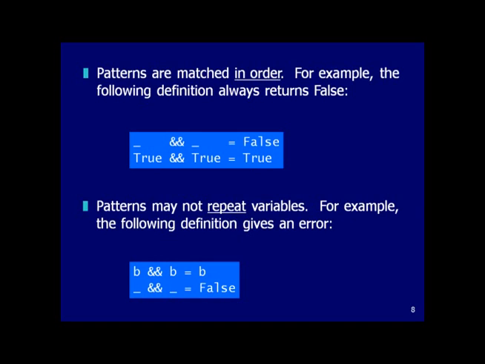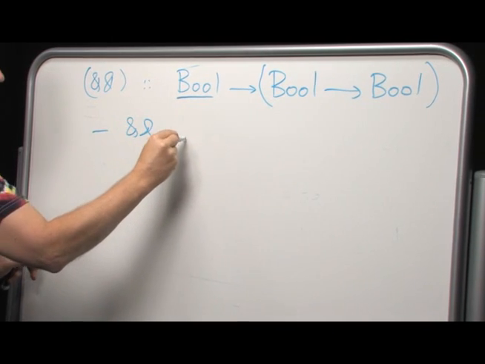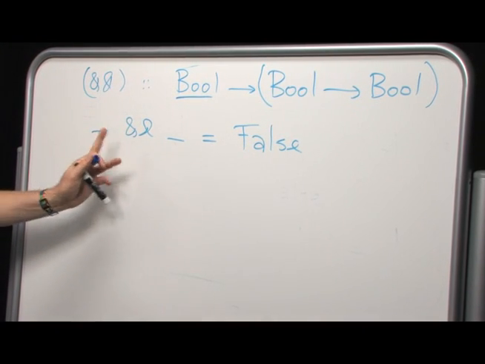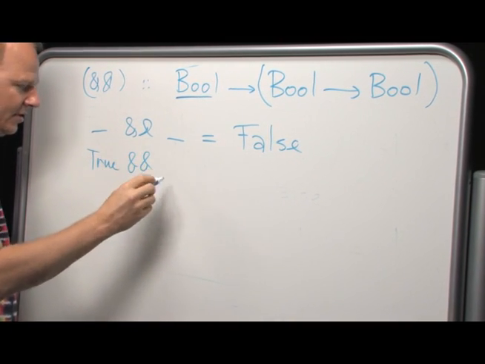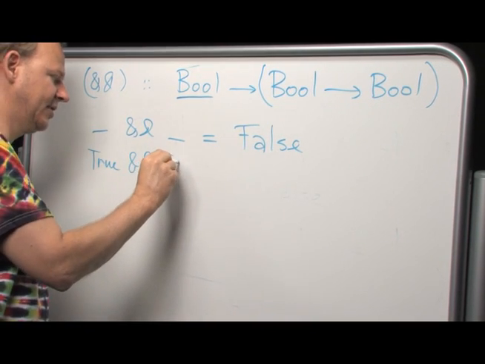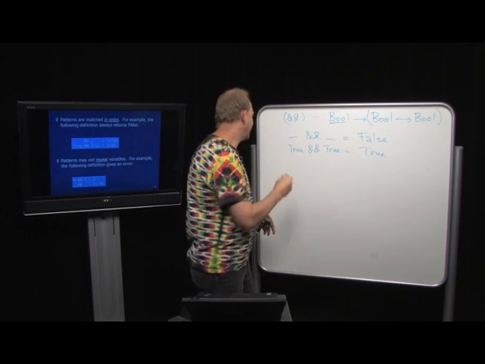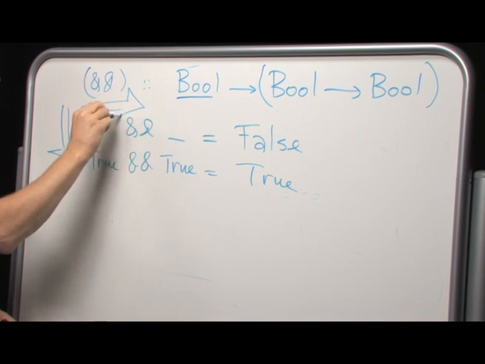Okay, so here we have the AND definition, and as I said, patterns are matched in order, top to bottom. If you would switch the arguments and the results around, so I would start with something and something is false, and then the other one is true and true equals true, well, this would always return false, because in Haskell the patterns are matched top to bottom, left to right.